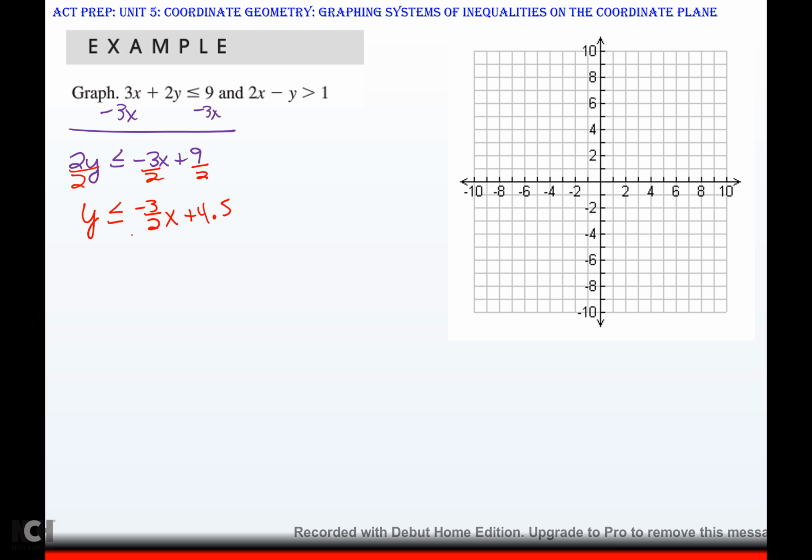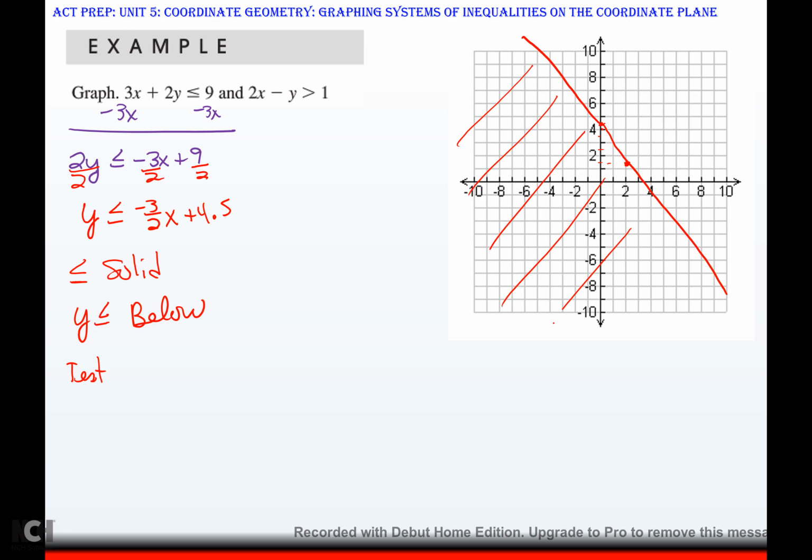So I'm going to start at 4.5 and go down 3 over 2. Decide your line. The bar means I'm going to use solid, so connect solid. It's pointing at y, which means I'm going to shade below, but you should test your 0, 0. I'm not going to this time because we just did on the last page. It's the same equation.